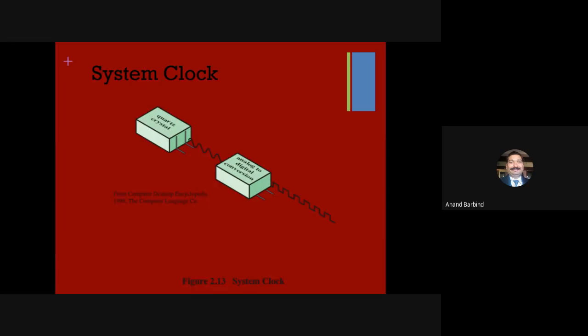If you give a clock to a circuit for which it is not designed, then the circuit will not be reliable. That means it will not give the intended result, the desired result. That is why many times the circuit specifies the maximum clock frequency which you should give as an input to that particular circuit.